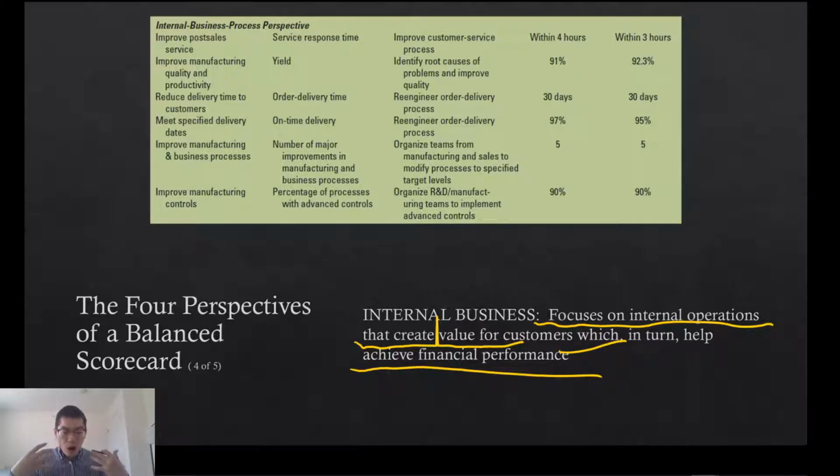But how are we going to do that in terms of product manufacturing process, or in terms of service process? So that comes to the internal business. How do we operate our business in order to improve product quality and improve customer satisfaction?